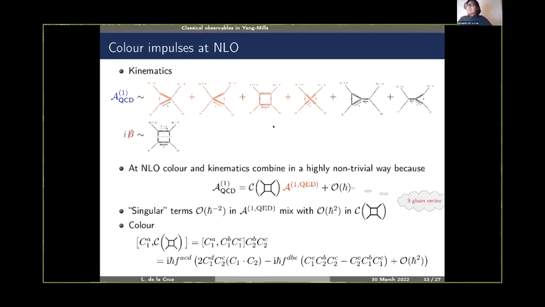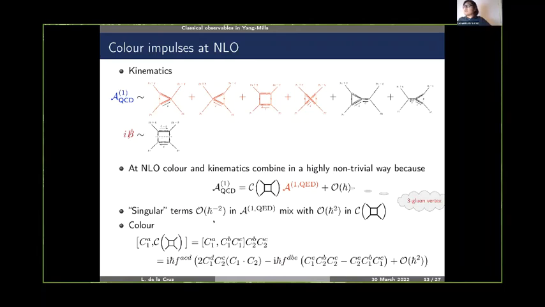Now, something interesting happens. I already know from QED that the box and crossed box diagrams, when I do the expansion in powers of h bar, are going to produce terms that go like 1 over h bar or 1 over h bar squared.